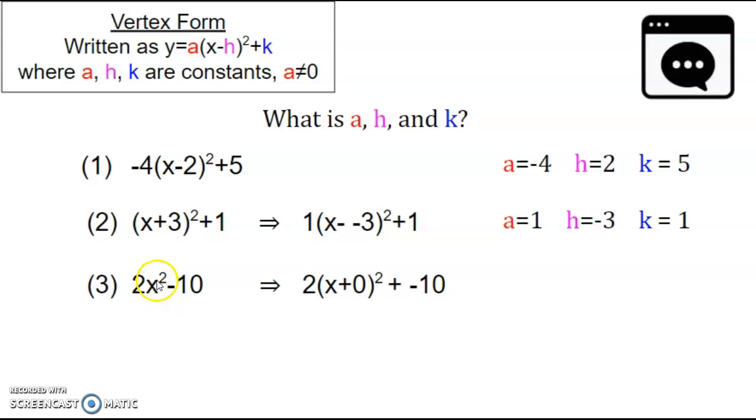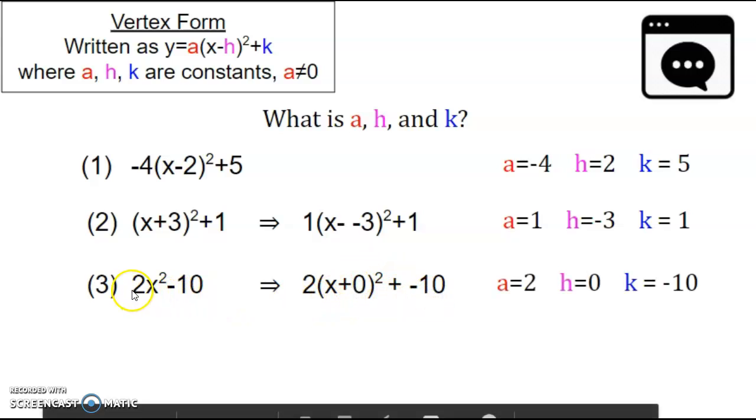And when you do not have the h value, you can always add or subtract 0 to any value without changing its value. So the number you can stick in, just so that you can see what the h value is, is 0, because x squared is the same as (x plus 0) all squared.